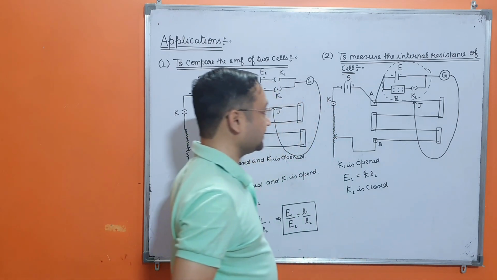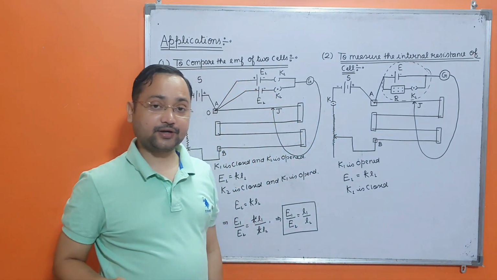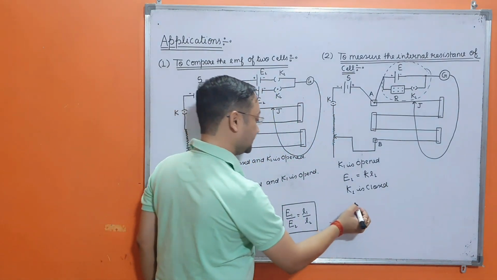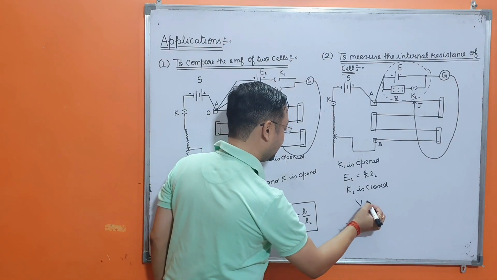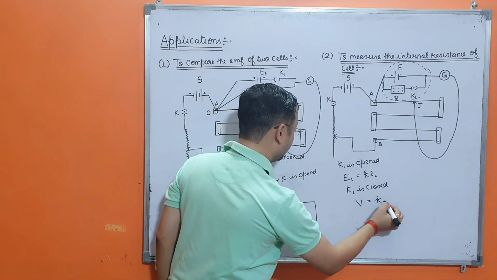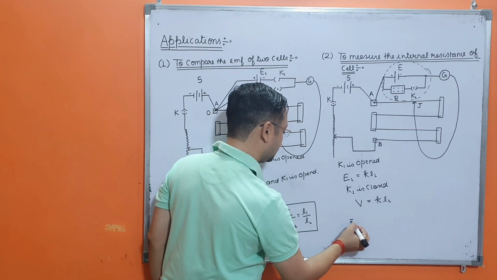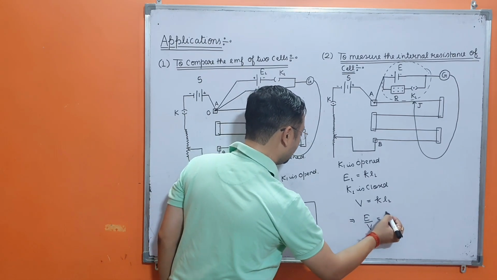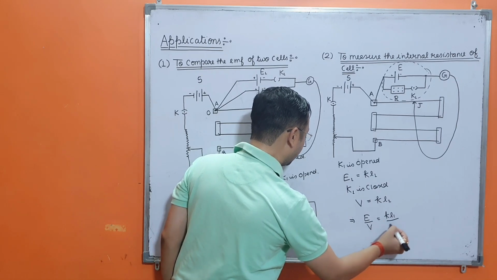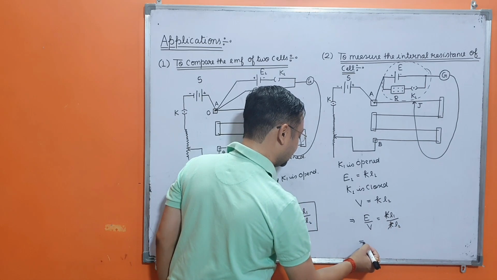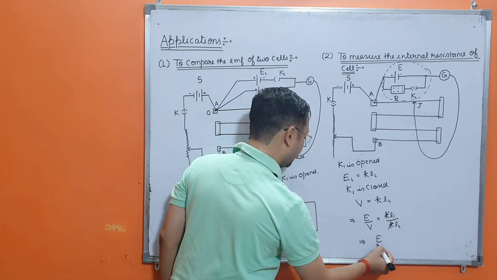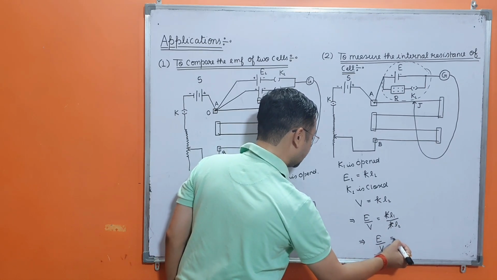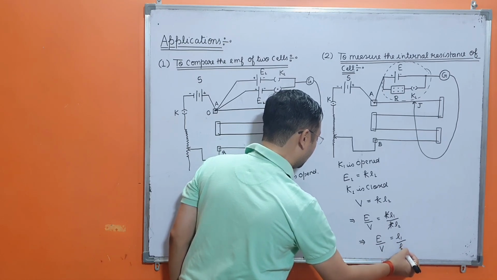So this time you are getting the null point for the terminal potential difference across the cell, let at length L2, means V equals KL2, and this implies that E upon V equals KL1 divided by KL2. This K and K get cancelled, and this implies that E upon V equals L1 upon L2.